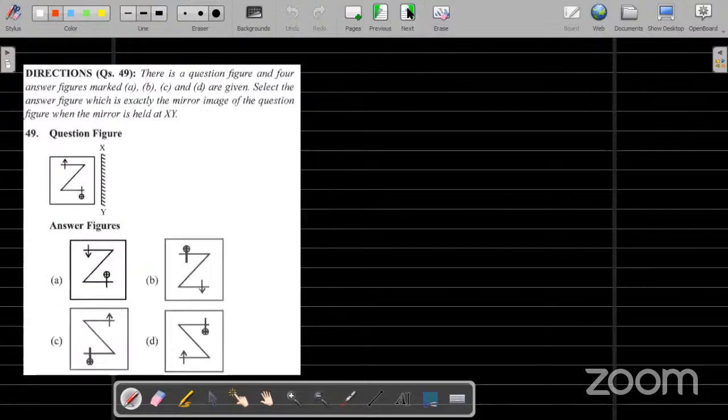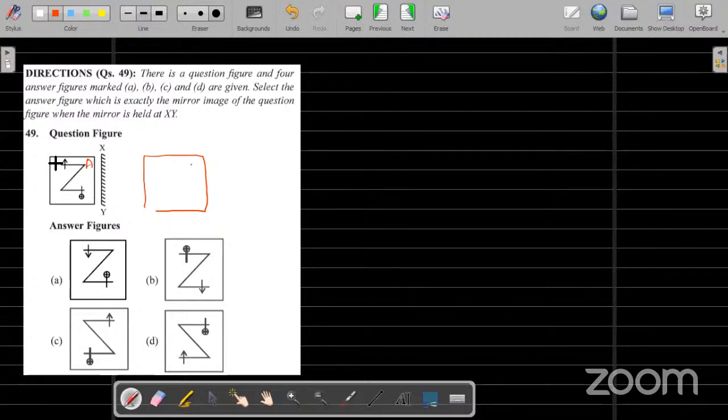Next one. The question figure and four answer figures marked A, B, C, and D are given. Select the answer figure which is exactly the mirror image of the question figure. So we need to find out the mirror image of that. The box is there. Then this line is moving away.